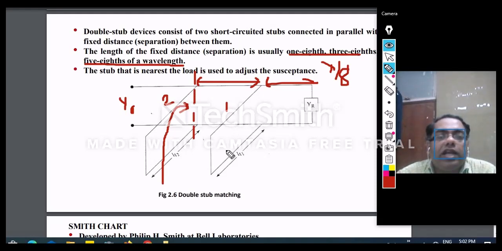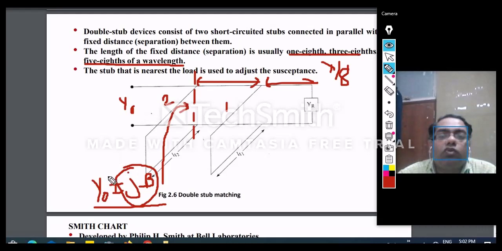The length we will choose in such a way that at this point the input admittance will be y0 plus minus jb, so that after connecting the second stub, this imaginary part can be tuned out and we get only y0 as the input admittance after the second stub.